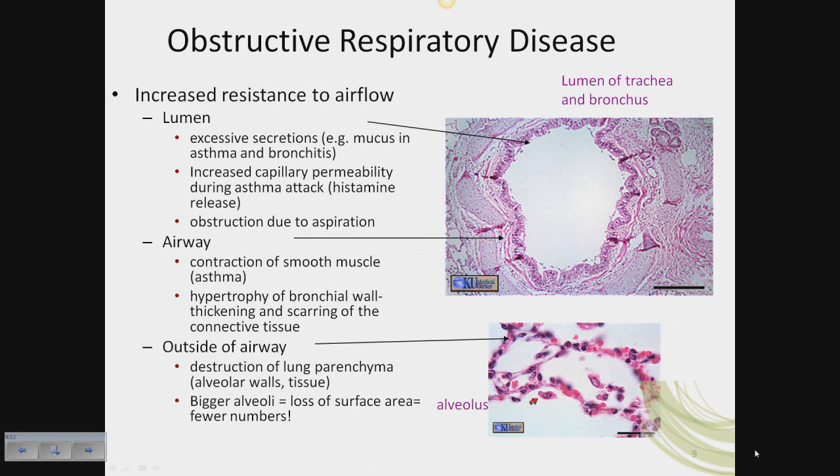What about the air passageway itself? Not the lumen, but the actual tube-like structure. Well, it has layers or tunics, and there's smooth muscle that lines these air passageways, and that can contract. And that's a type of obstruction, right? Reduced radius leads to increased resistance.